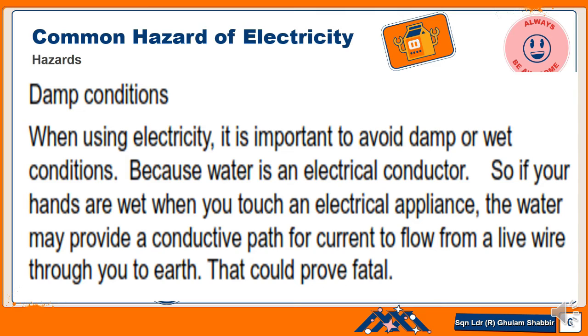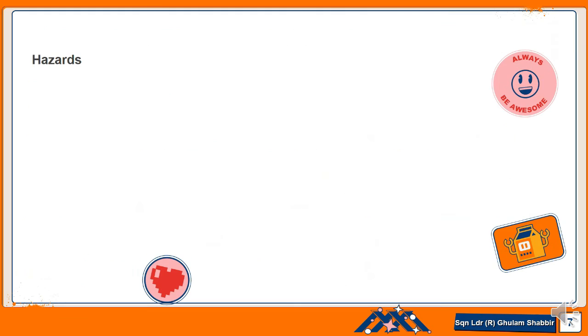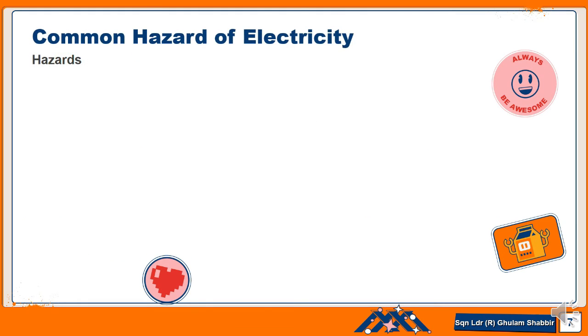When using electricity, it is important to avoid damp or wet conditions, because water is an electrical conductor. If your hands are wet when you touch an electrical appliance, the water may provide a conductive path for current to flow from a live wire through you to earth. That could prove fatal, and you can get a very large electric shock. So we must avoid these kinds of situations.